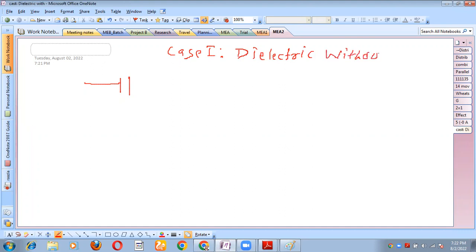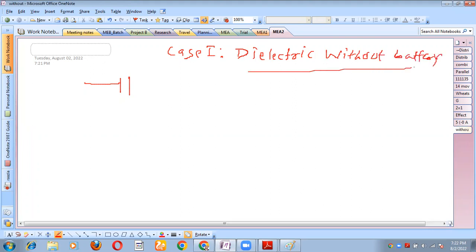What it means? Suppose you have a capacitor and it is fully charged, not connected to a battery. The charge is Q naught. Actually, we have charged the capacitor fully and removed the battery. Now we insert a dielectric.